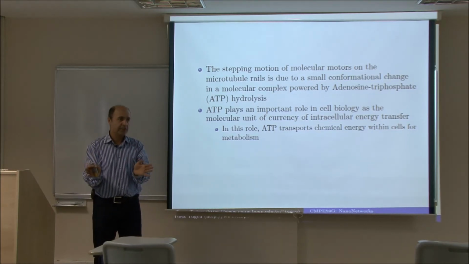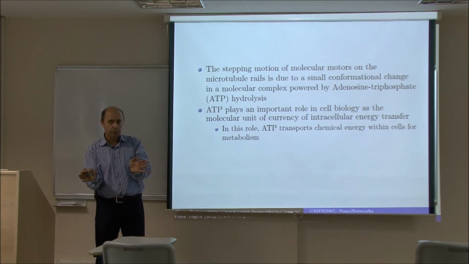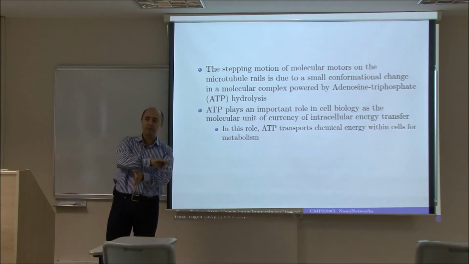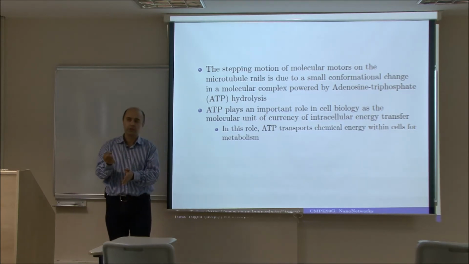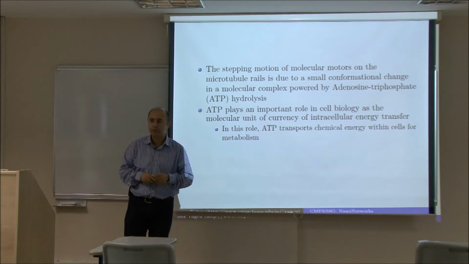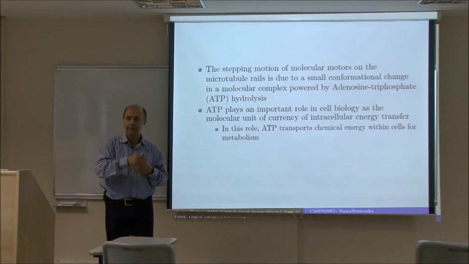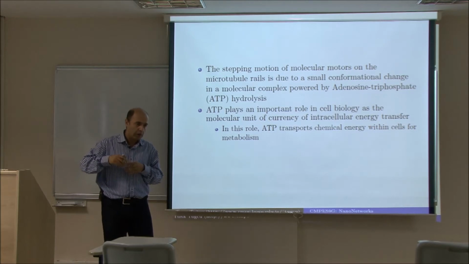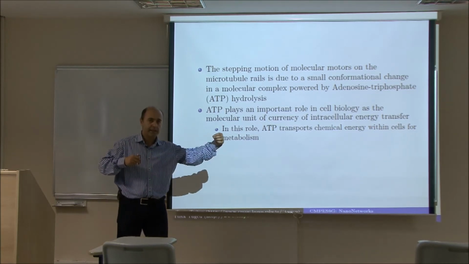And due to this change in the conformation, the molecule makes a motion towards the other step over the rail, and this allows for the movement of the molecular motor. And this behavior is repeated over and over. This way the molecular motor is able to walk over the rail.